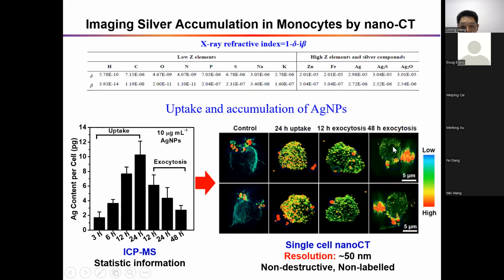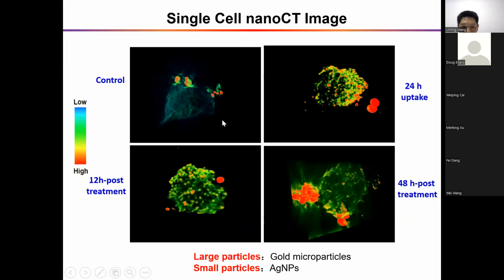With time, the signal decreases. This is the reconstruction imaging. We see the uptake reaches the maximum at 24 hours. With time, after uptake, the particle will degrade and be excreted by the cells. So the signal inside the cells decreased.